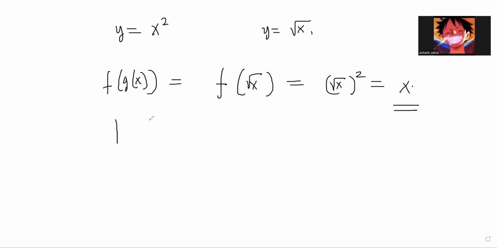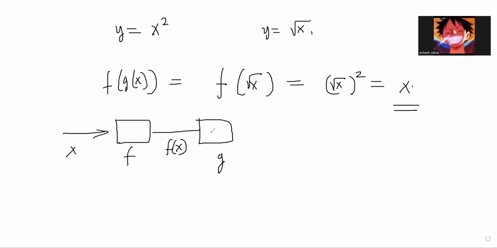So if you take two functions f and g which are inverse of each other, if you input x here, you get f of x. But if you input f of x to the g now, it will give you back x, because g cancels the effect of f, right? Do you understand what I'm saying?